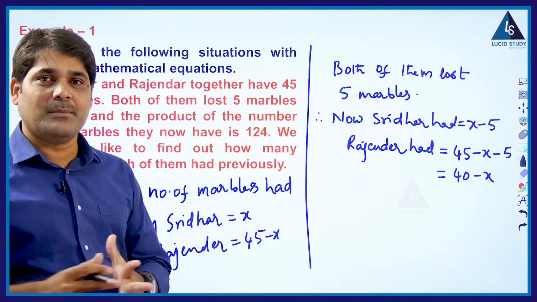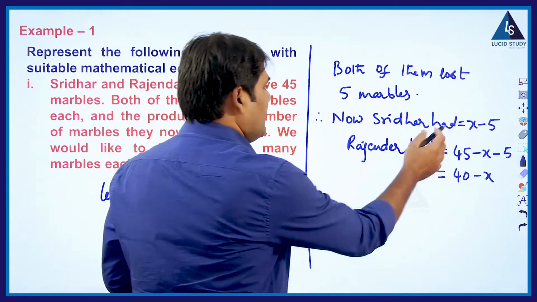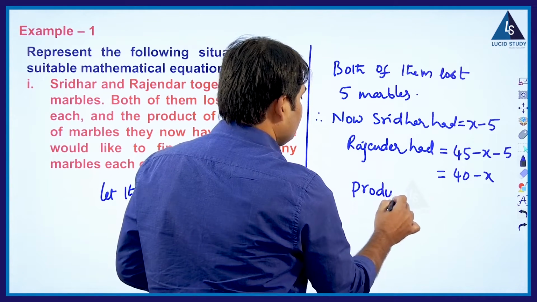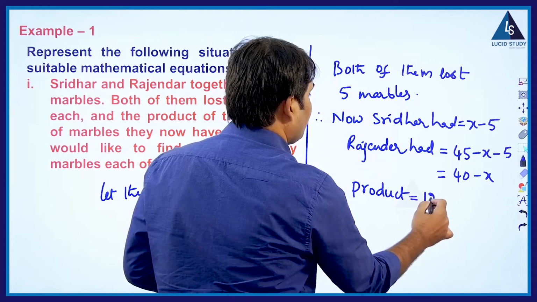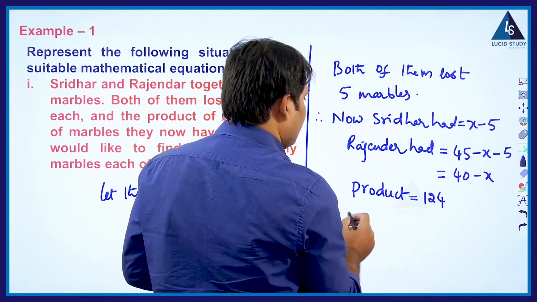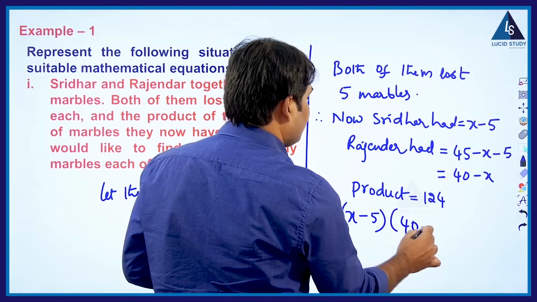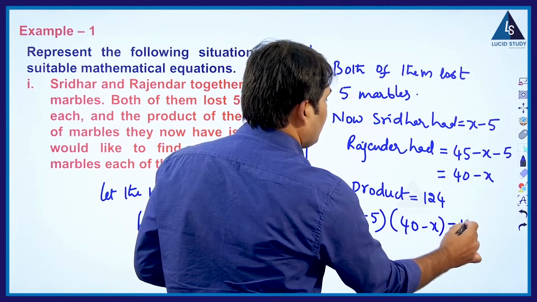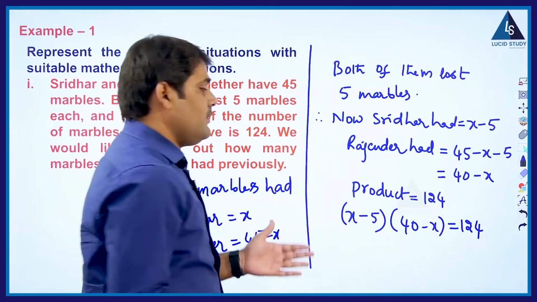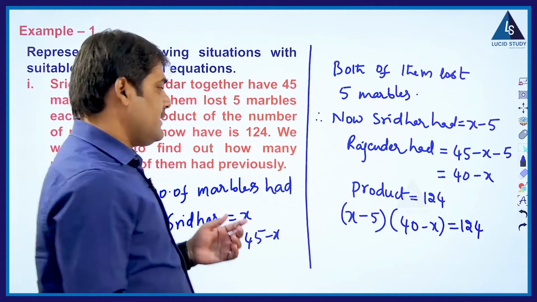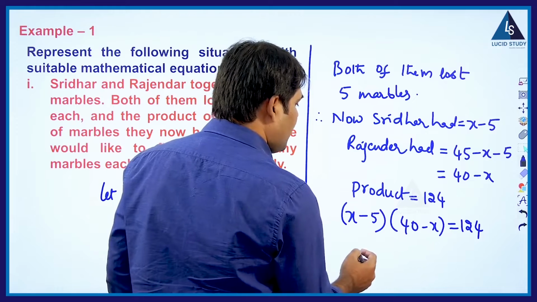Now see, the product of the marbles that they have is equal to 124. Product means what? Multiplication. What we have to multiply? Product of these two. So the product is equal to 124. What is the product here? That is (x minus 5) into (40 minus x) is equal to 124. Now let us multiply so that it will form a quadratic equation. Okay, let us multiply now. x into 40, how to multiply?